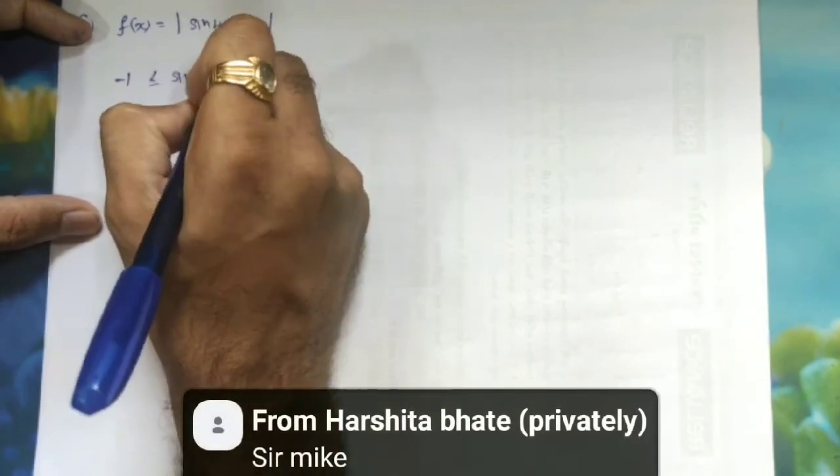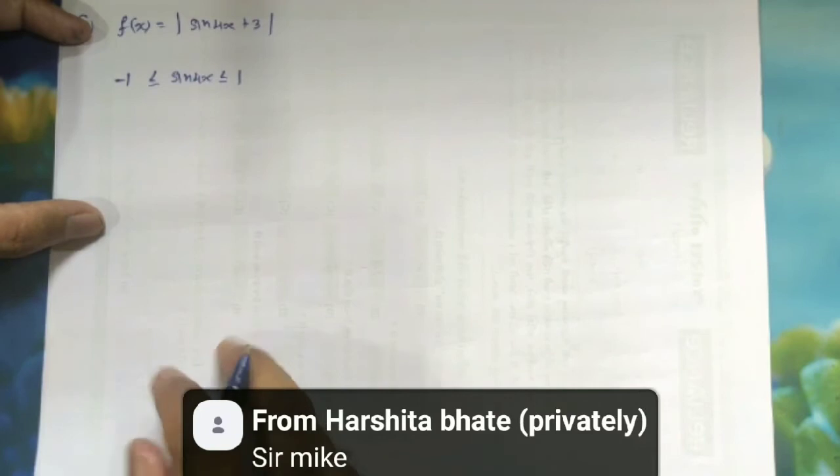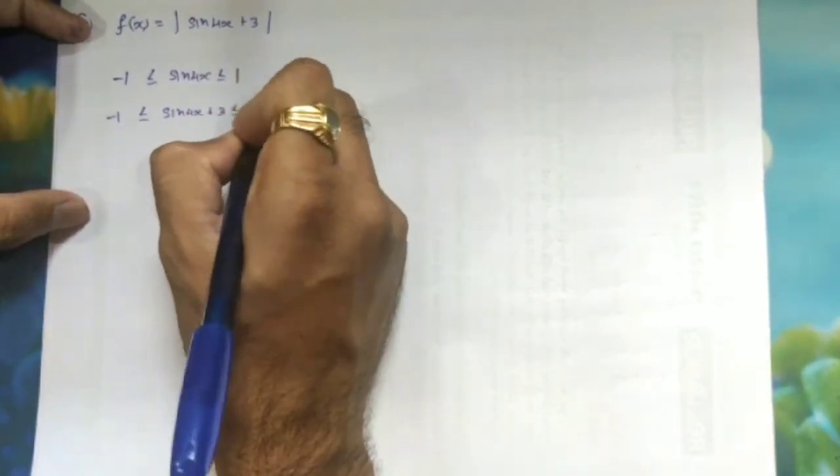We know that the range of any sine function, sin 1x, sin 2x, 3, 4, 5, whatever x you take, its range will be -1 to 1. So the range of this sin 4x will be -1 less than or equal to sin 4x less than or equal to 1. Now adding plus 3 on both sides, it will be -1 less than or equal to sin 4x plus 3 less than or equal to 1 plus 3.